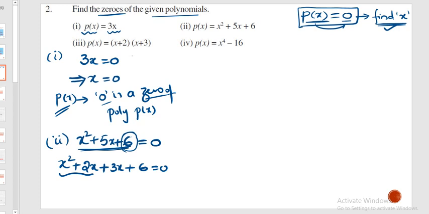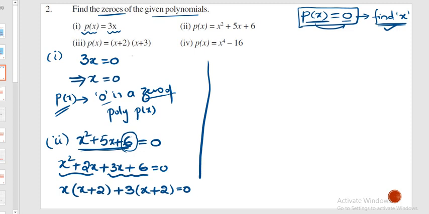From the first two terms I can take x as common, so I am left with x plus 2. In the next two terms I can take 3 as common, where I will be left with x plus 2. Now if I take x plus 2 as common from both the terms, I will be left with x plus 3 is equal to 0.